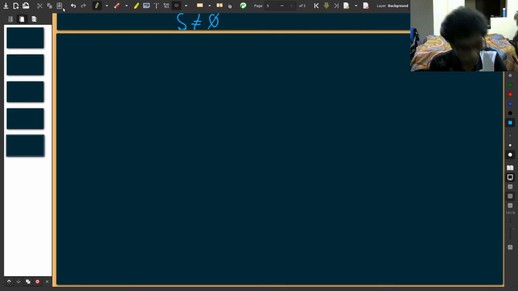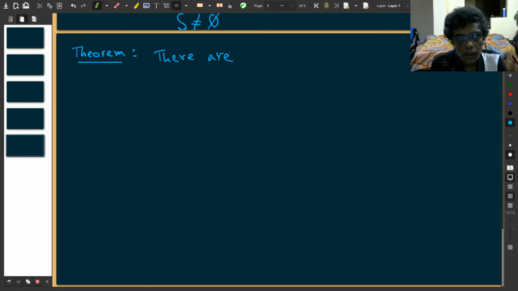This is another important and interesting property of primes. This was proved by Euclid. There are infinitely many primes.